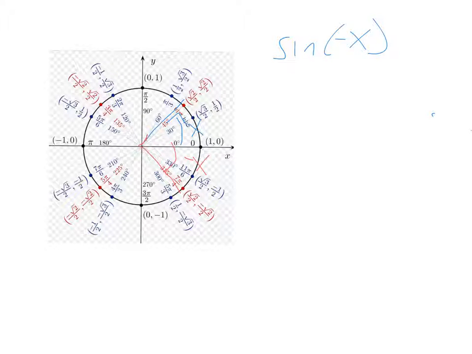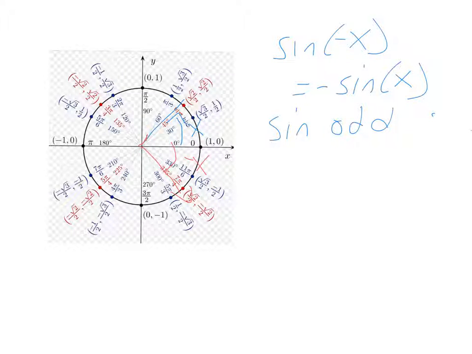You go in the negative direction, which would be clockwise. Now, notice, if you go in the negative direction, then sine would go from being positive to negative, so that'd be negative sine of x. So sine is odd.